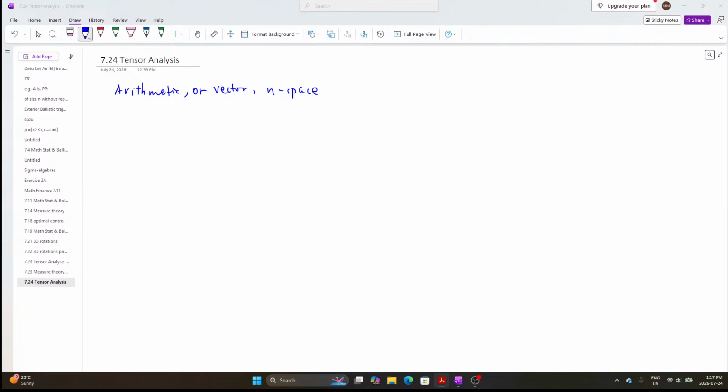So let's just draw a picture to describe what's going on. Previously, this is all well known. You have x, y, z axes, and you got these coordinate vectors or unit vectors i, j, k. Classic notation.